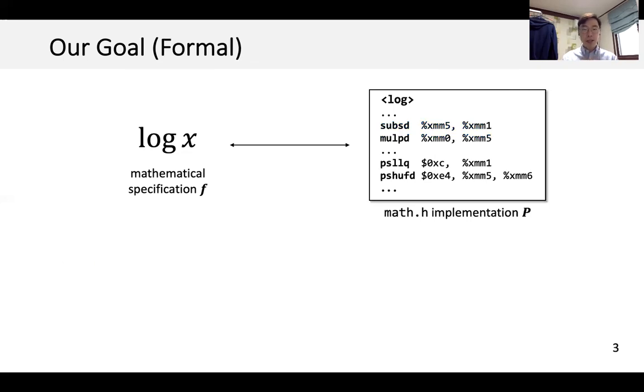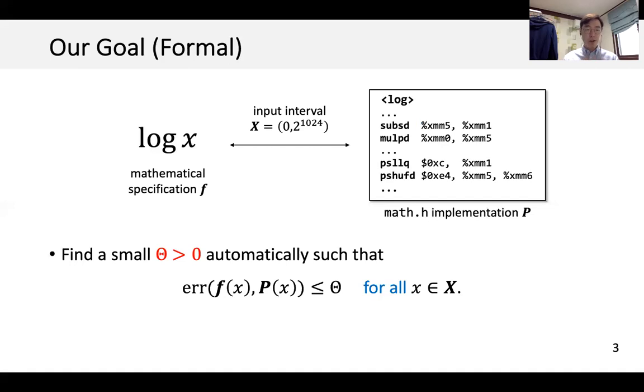And formally speaking, suppose that you're given a mathematical specification F and its floating point implementation P, and also an input interval X. Then our goal is to automatically find a small quantity theta that bounds some kind of error between F and P for all inputs in the capital X. In other words, you'd like to prove a bound on the maximum precision loss of the floating point implementation.